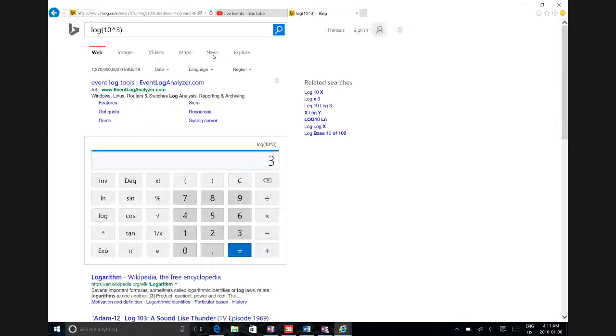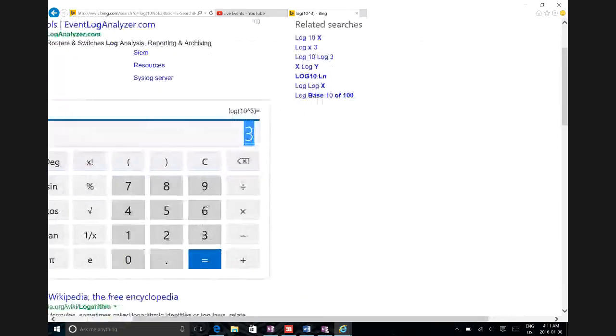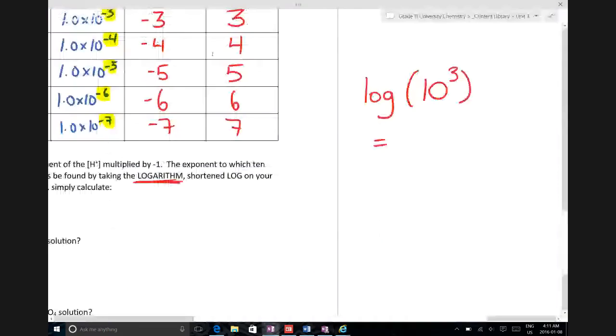There we go. So on this calculator, you can see if I take the log of 10 to the exponent 3, it gives me the number 3. And that's because what logarithm really means is what exponent do we have to put 10 to get this. Now, of course, this is really obvious because the exponent we've put 10 to is 3, and it gives us 3. But try taking the log of the number 100 on your calculator.